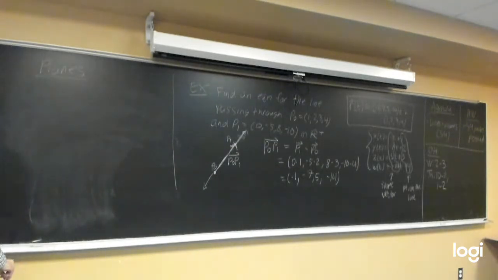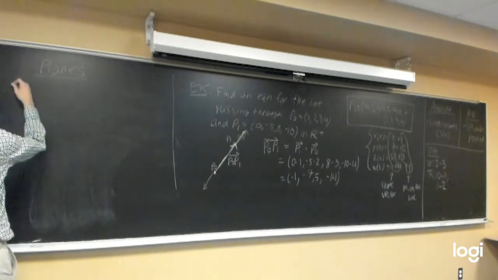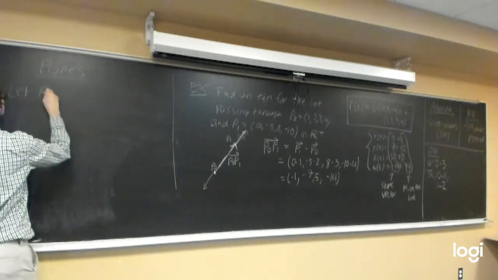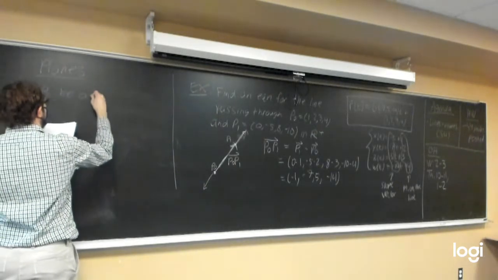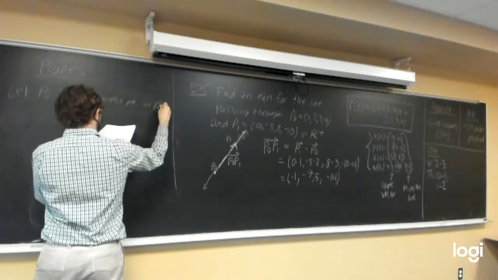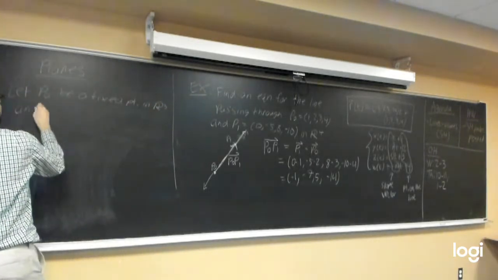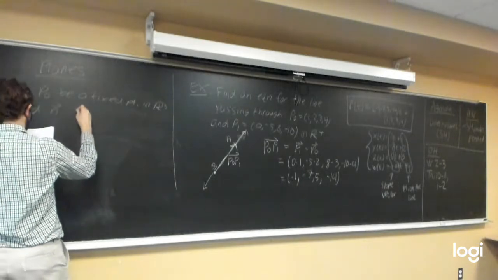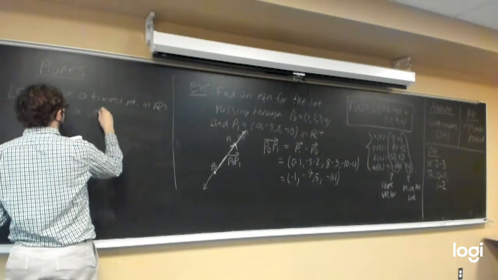All right. So here's the idea of what we're going to be doing. We're going to let P naught be a fixed point in R3. And N is going to be a displacement vector starting at P naught.